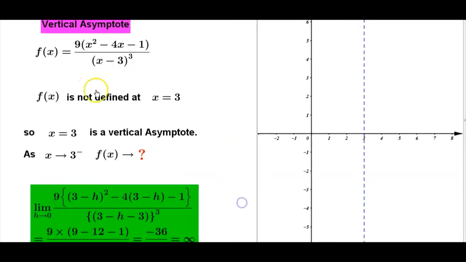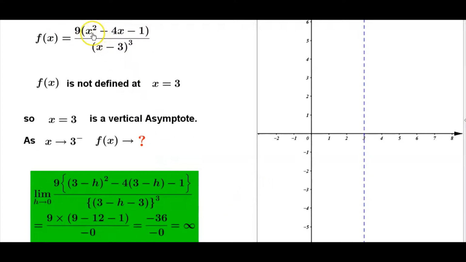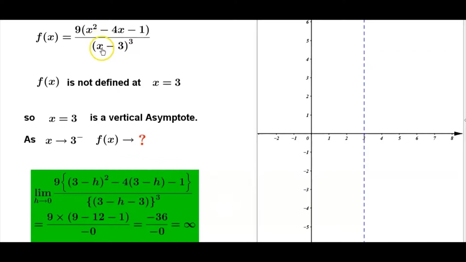Limit h tends to 0 of 9 into (3 minus h) squared minus 4 into (3 minus h) minus 1, over (3 minus h minus 3) to the power 3.